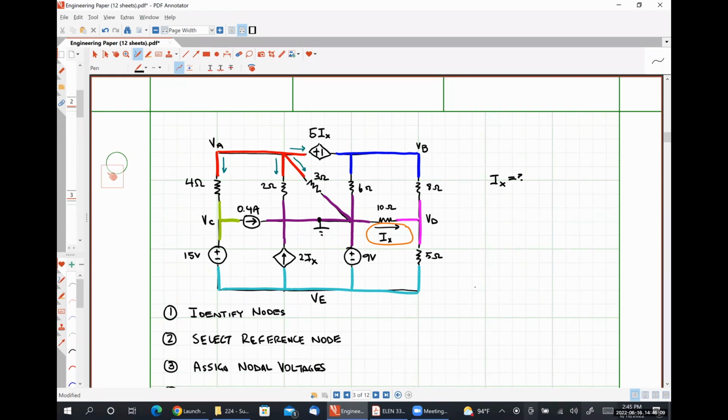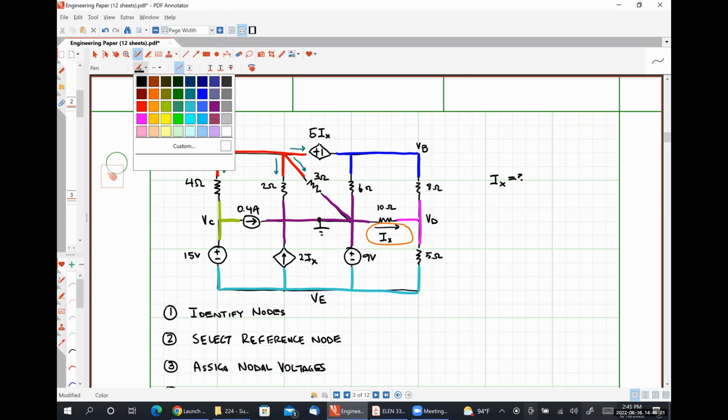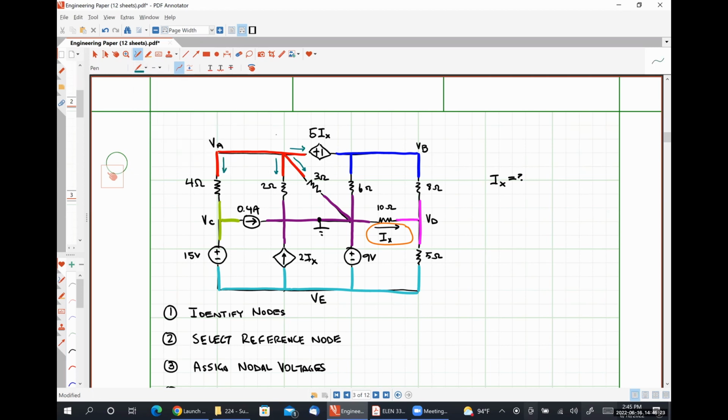We don't have any real means by which to express this current that's flowing to the right through our dependent source in terms of our nodal voltages. So what I'm going to do is I'm just going to call this current, for lack of a better thing, I dependent LR, because it's flowing through the dependent source from left to right.